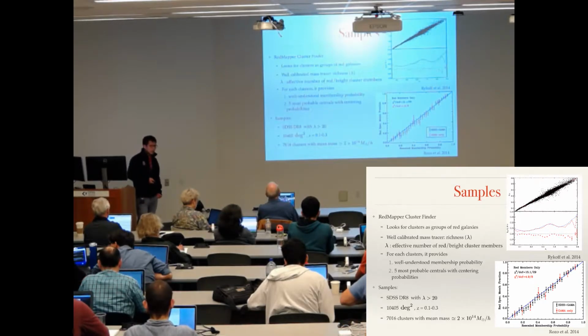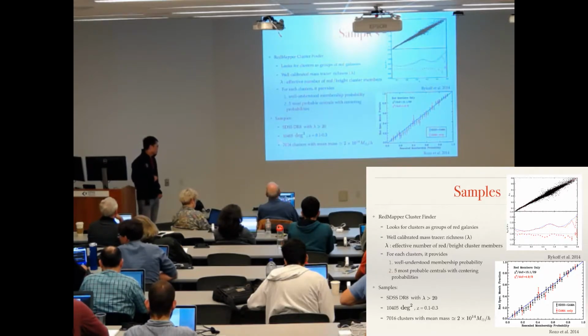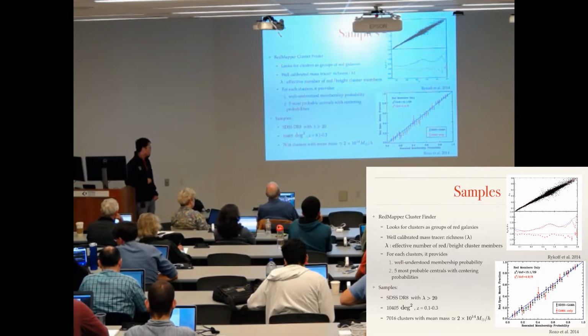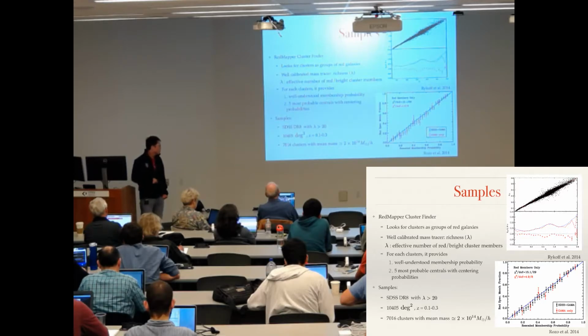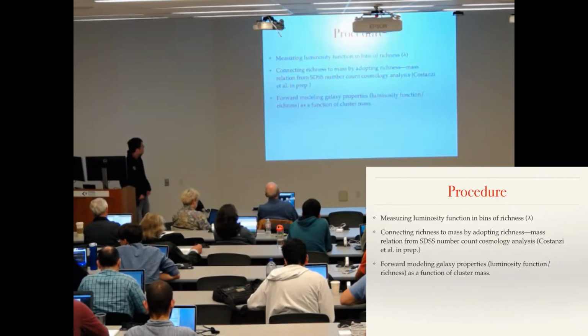The sample in this talk mainly focuses on the SDSS DR8 catalog. We have a cluster range covering a quarter of the sky, from redshift 0.1 to 0.3. In total, we have 7,000 galaxy clusters identified with a mean mass of about 2 × 10^14 h^-1 solar mass.